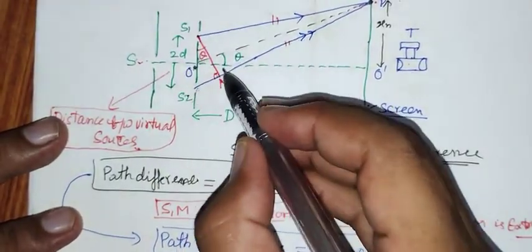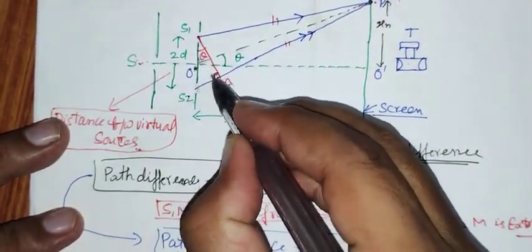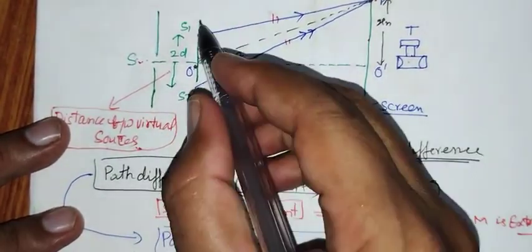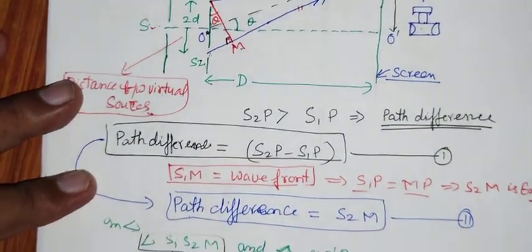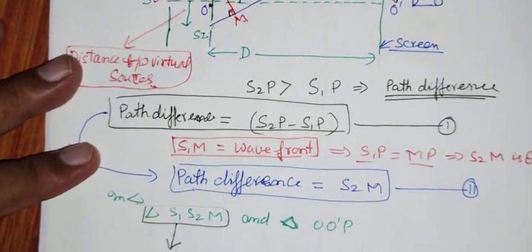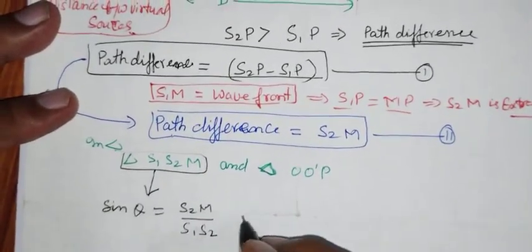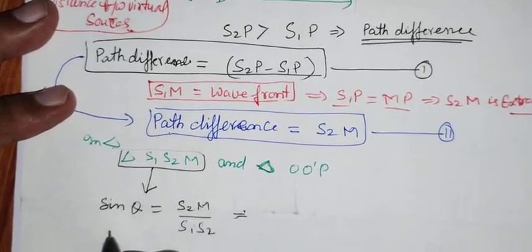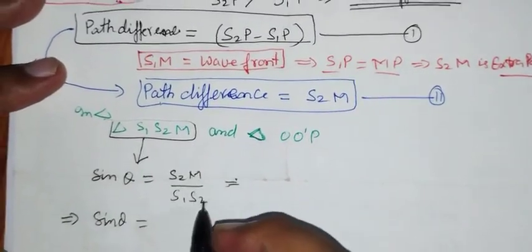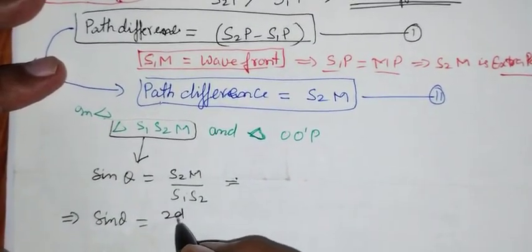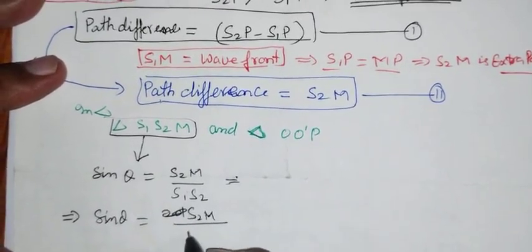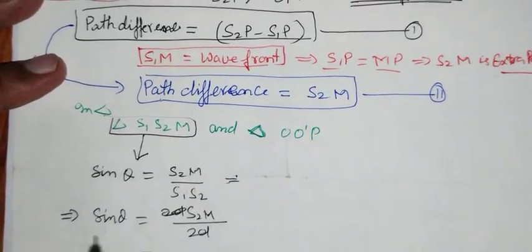See in S1 S2M, for theta, S2M is the perpendicular, as S1 S2 is the hypotenuse, then sin theta can be written as S2M by S1 S2. Sin theta is equal to S2M, this path difference, by S1 S2, the distance between the virtual sources.